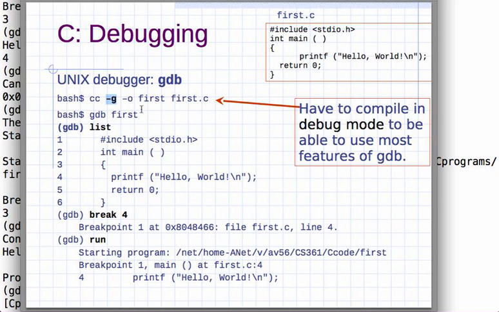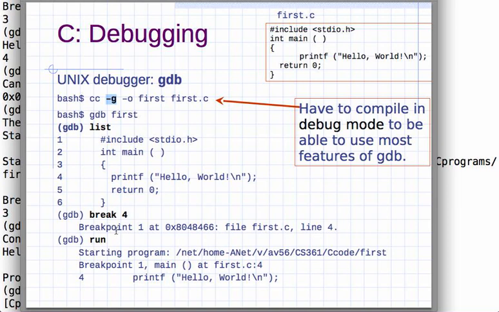Once you do that, then you can say GDB first, and you can list it, and you will see all the lines of the code. You can set breakpoints, break at whatever line. You'll see the line numbers when you're in GDB, and pick a line number. And you have to choose a line number where you have an executable statement. So when you say break, that number should correspond to an executable statement.